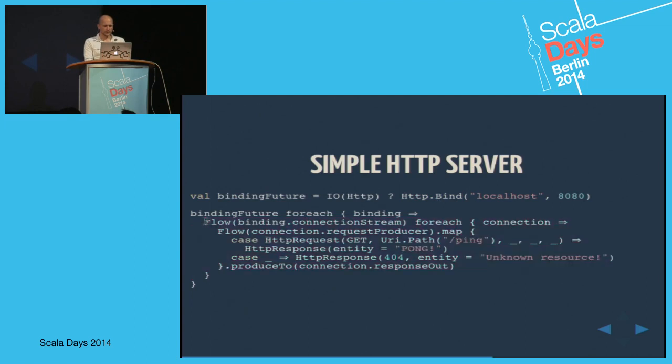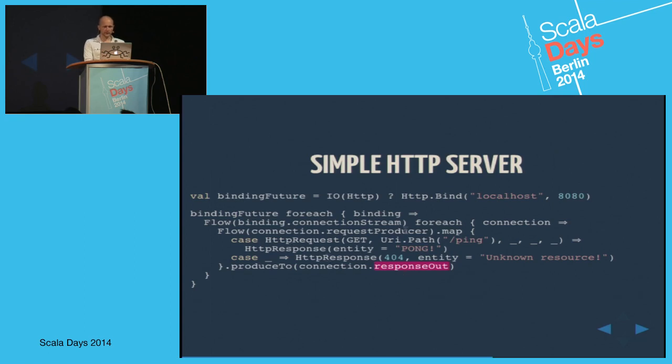And what we're doing here, you might recognize this from Roland's talk before. We're basically using the akka stream DSL for transforming the stream of connections that the binding gives us. And here we just say, for every connection that comes in, let's do this one. So we say, okay, if the connection comes in, the connection has a request producer and it has a response consumer.